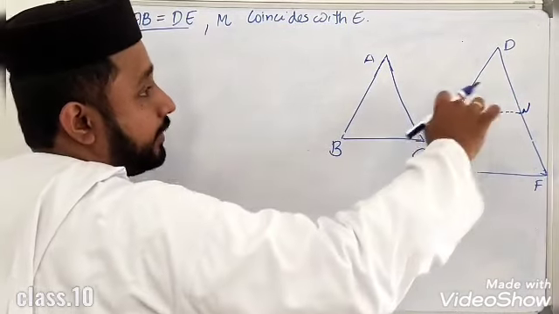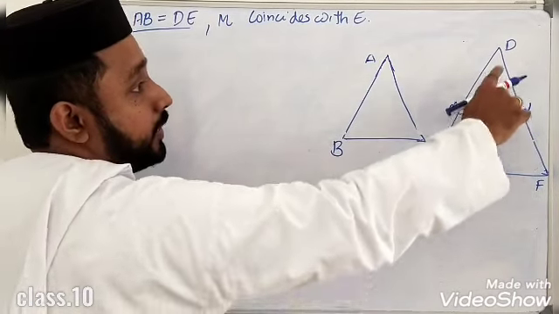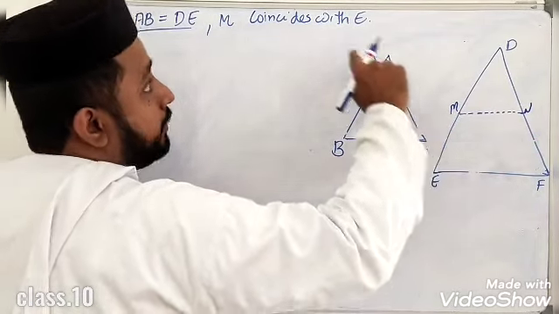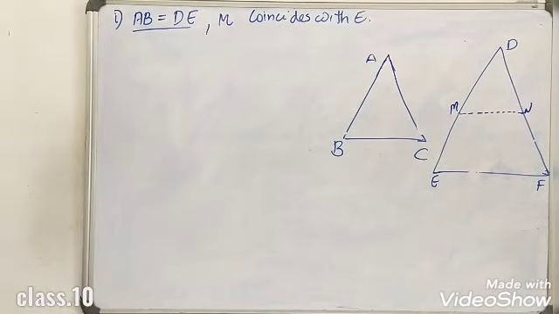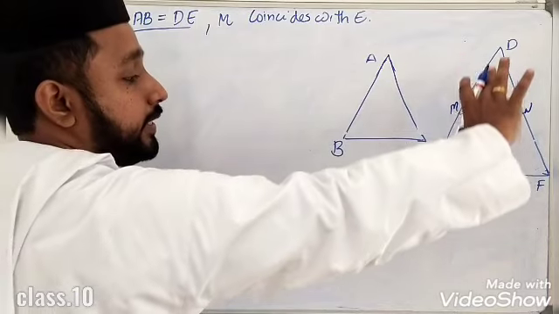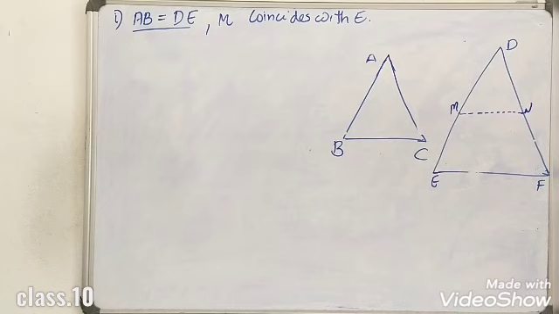That means M coincides with E. That is, AB is equal to DM, so AB is equal to DE and M coincides with E. Then we can start the proof.